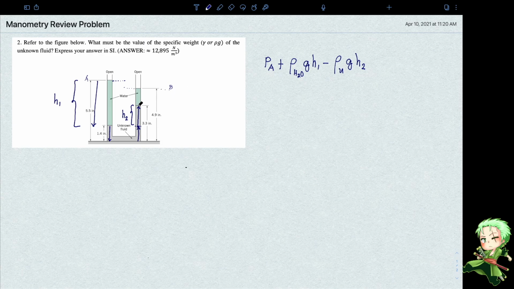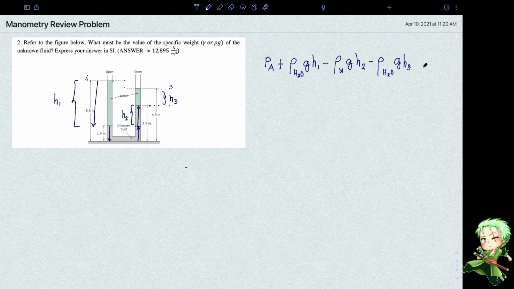And then from this interface of the unknown fluid up until the top portion in the line of B, I will still have a decrease in pressure since I'm going up. So I will subtract the density of, what fluid am I moving in this case? I am now moving in water, so minus the density of water, g, and I will denote from this level up until point B as my H3.